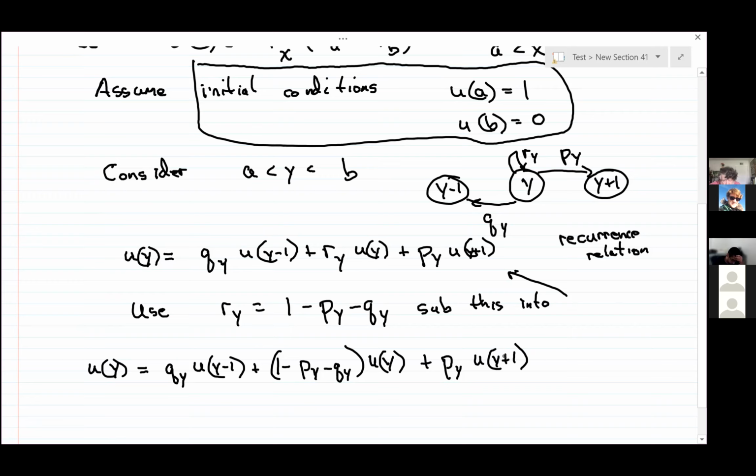Okay, so that's just substituting, getting rid of one of the variables, the r's, in terms of p's and q's.